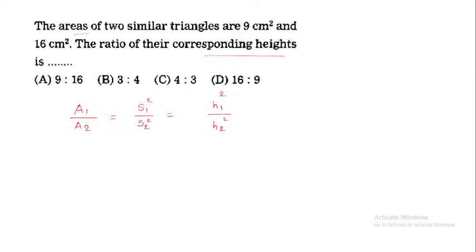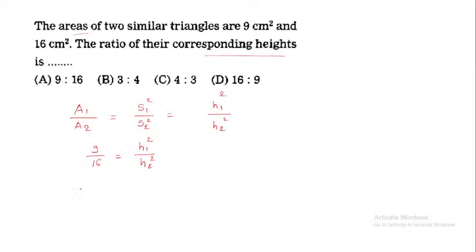Here the areas are given, 9 and 16. So A1 by A2, 9 divided by 16, is equal to H1 square divided by H2 square. We don't want the ratio of H1 square and H2 square; we want the ratio of H1 and H2.